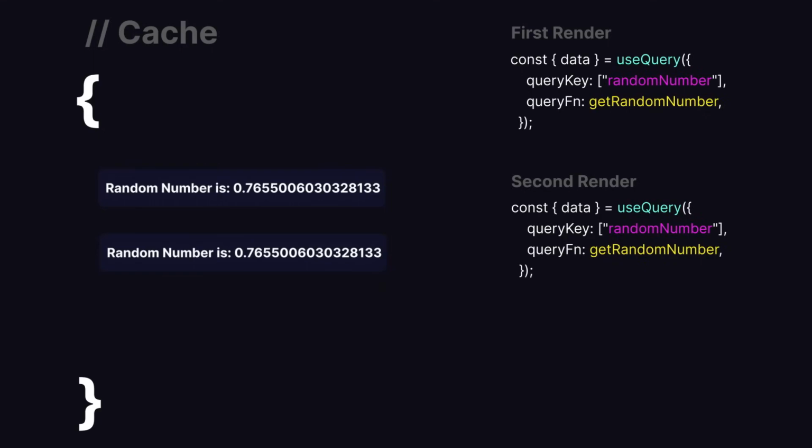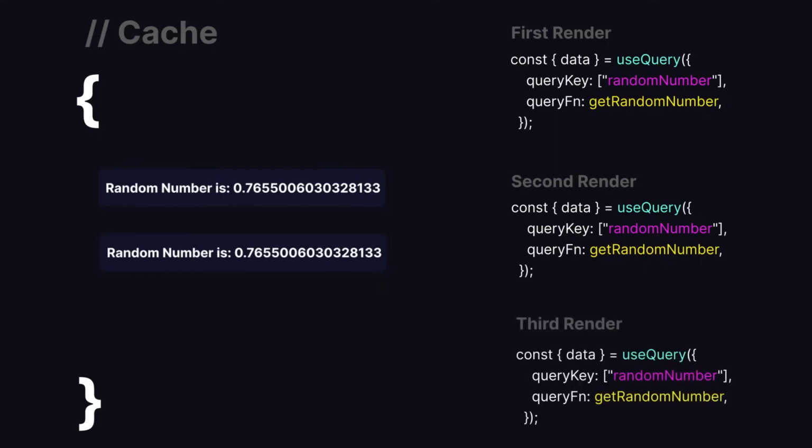So if we try it once again, for the third time, still we are going to be getting that same response. And why is that? Because it's going to go to the cache and ask, do you have something to share with me? And it's going to say, yeah, I already have this random data, and it's going to give us that random data. But if we specify some unique key for our query key, then it's going to give us a new random data. So that was just the theory of the deduplication, and now let me show you that in action.